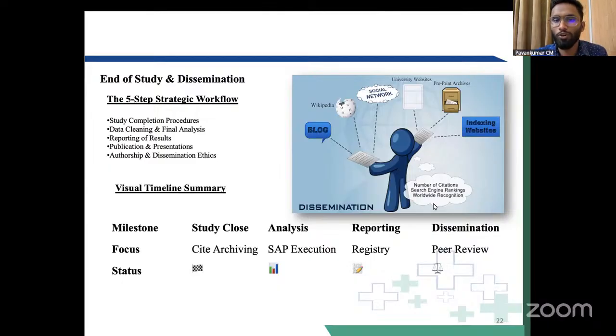Before going to all those things, we have to make a specific search in Wikipedia, blogs, social networks. Nowadays social networks are booming like anything, and we have to see university websites, and check preprint archives also.